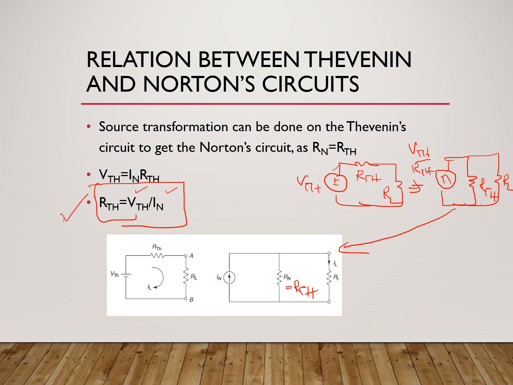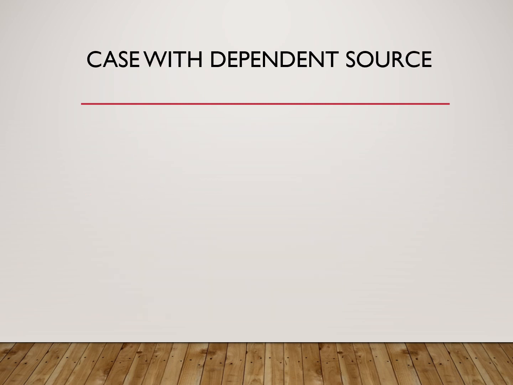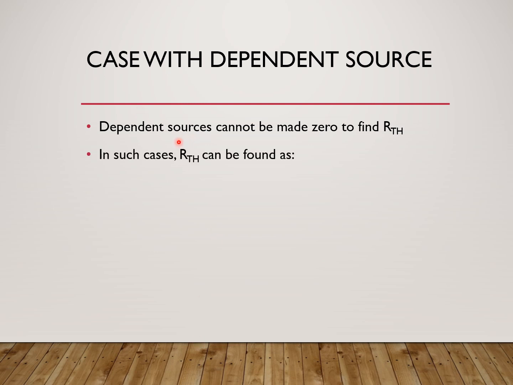So now let's see the cases with dependent sources, where, as I told you, RTH cannot be found the usual way, because we are not able to make dependent sources equal to 0. So what do you do? The first method is finding out VTH and IN and finding RTH as equal to VTH divided by IN. This method we just discussed.